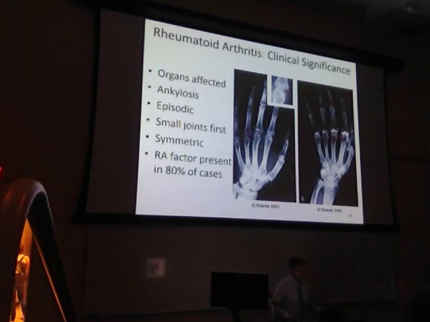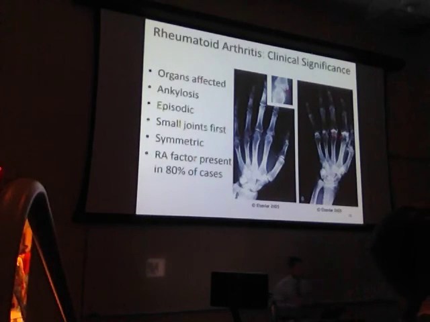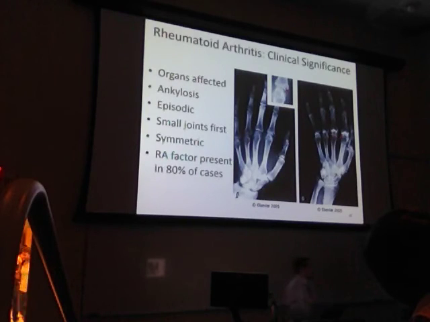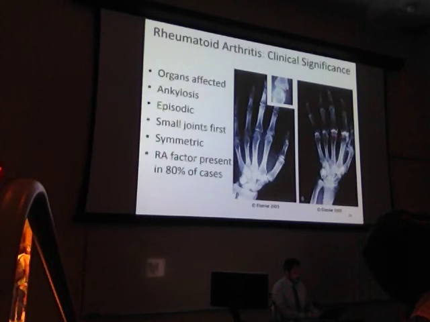look something like this. So rheumatoid arthritis is going to target more than just the joints. It's going to target the joints, the skin, the vessels, at some level the heart. It can target the lungs as well as the muscles. You get this crooked or bending of the joints. It's episodic, meaning it tends to flare up and then subside.